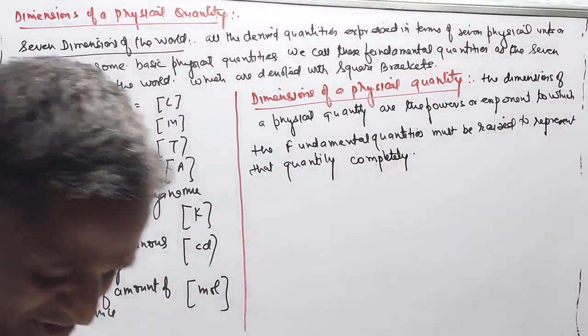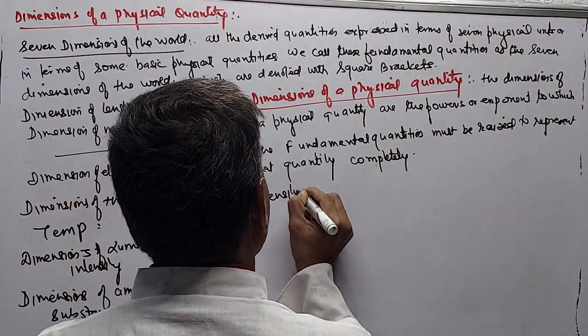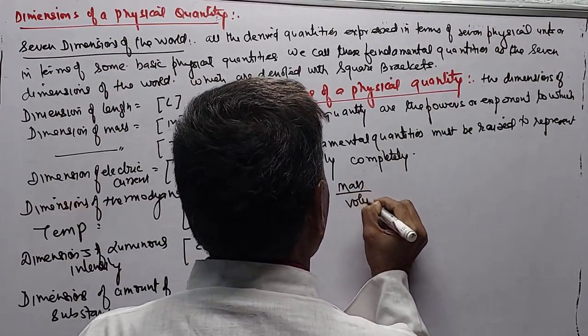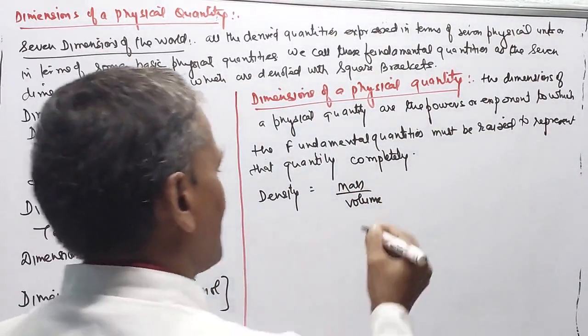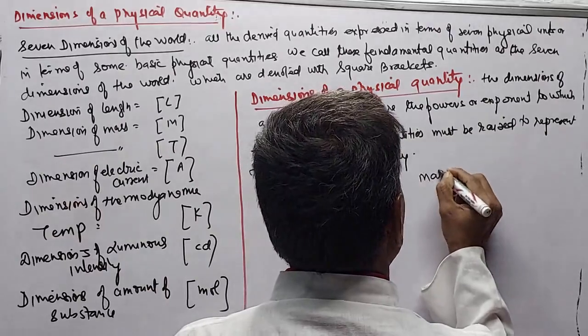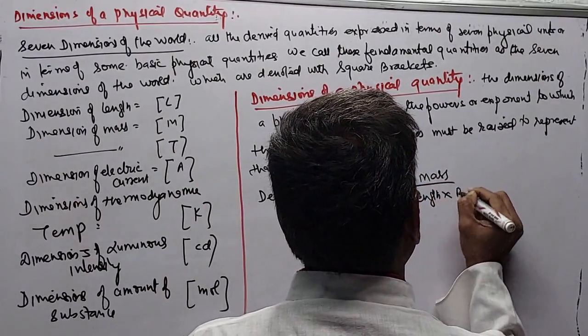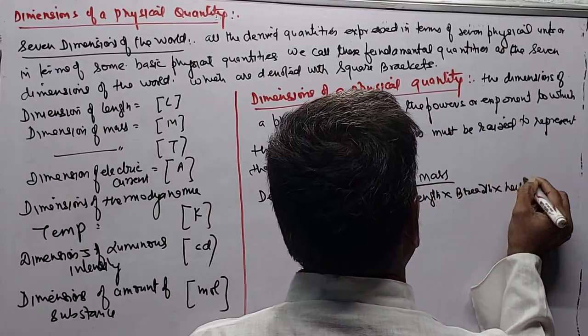For example, density equals mass upon volume, or mass upon length into breadth into height.